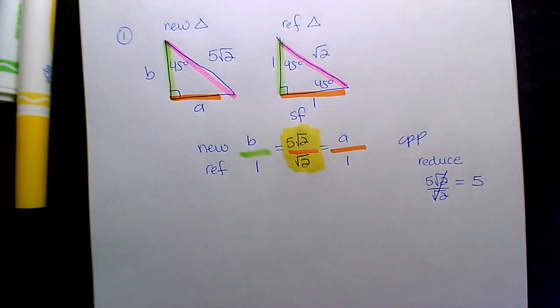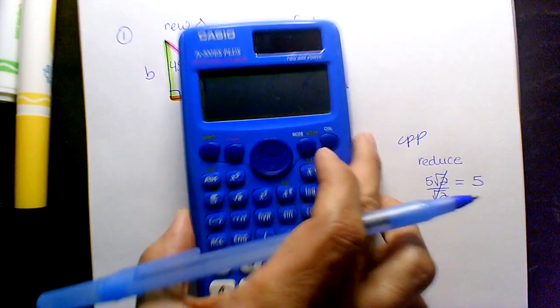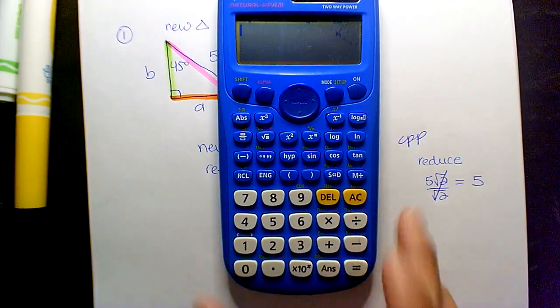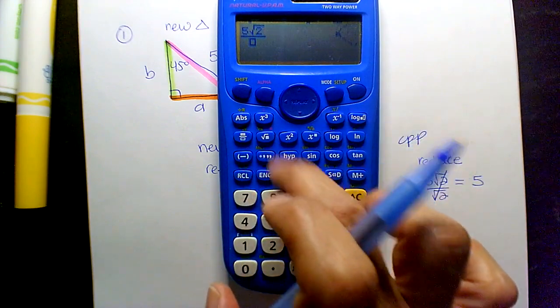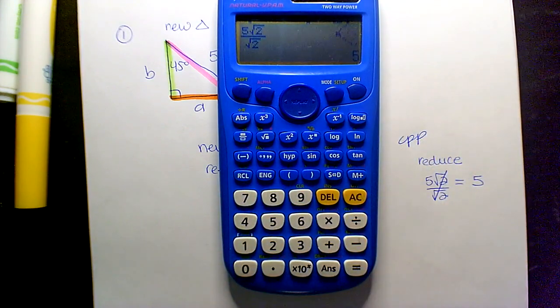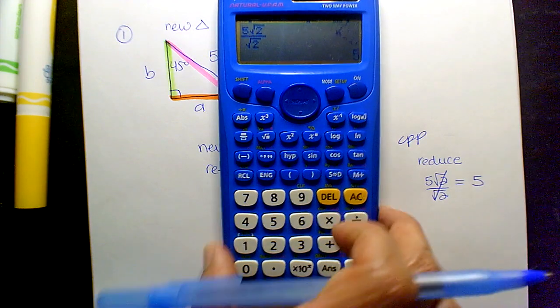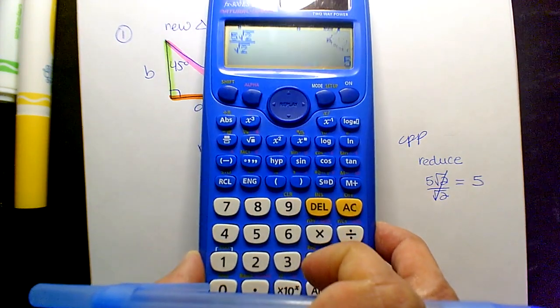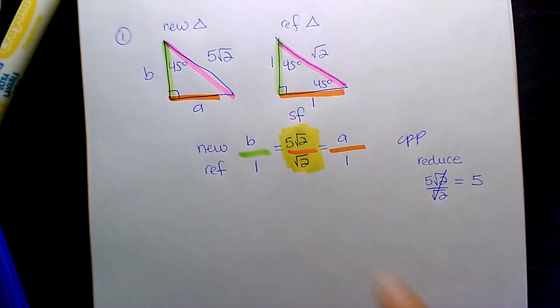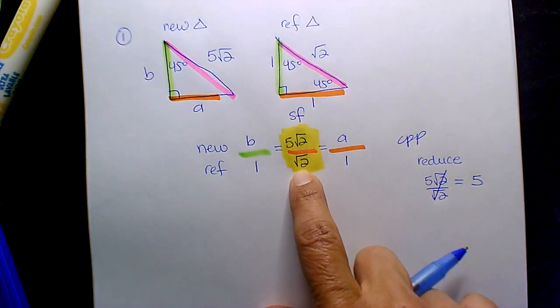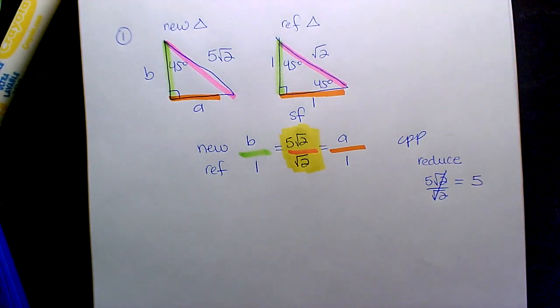I'm trying to find a calculator. If I use a calculator, 5 rad 2 over rad 2, and there's my 5. So it's up to you if you want to use this 5 rad 2 over rad 2 or if you want to use the 5.